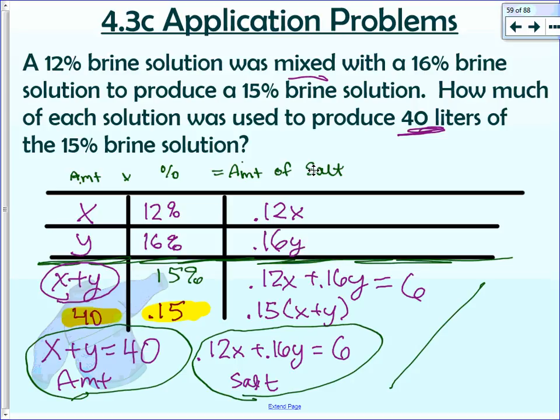So you have to get into the one, the Y and the X. That's 40. And then you have to put it into the Y. And then you distribute this.